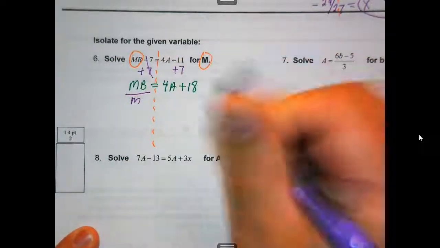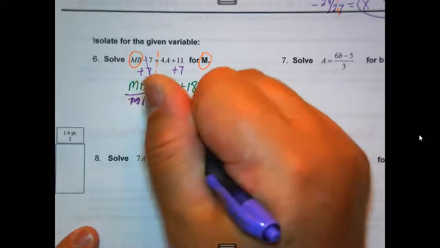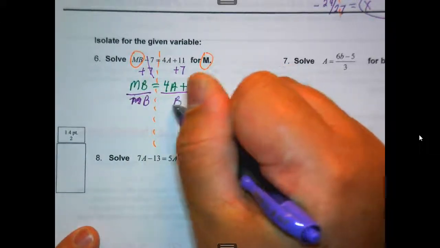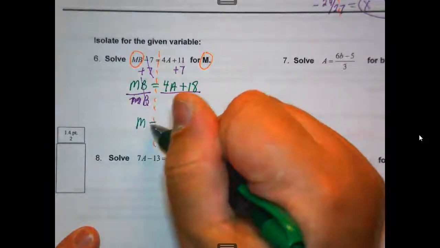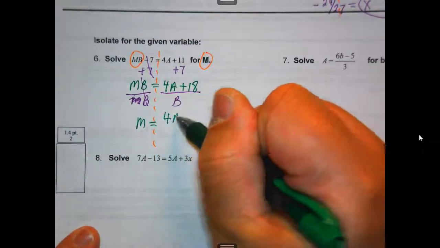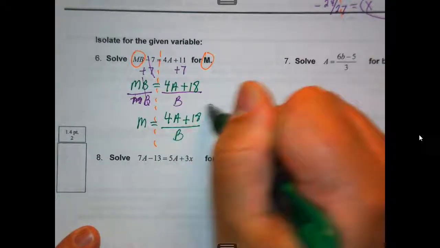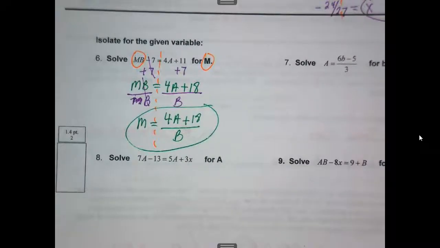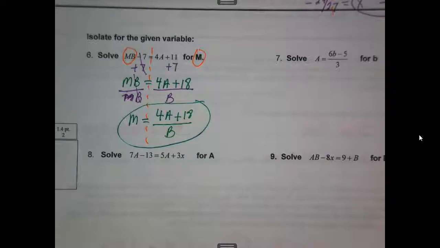I got to get m by itself, so I have to divide by b. My b's cancel, and I get m equals all this other big mess: 4a plus 18 divided by b. There weren't a lot of people that had too many problems with that kind.